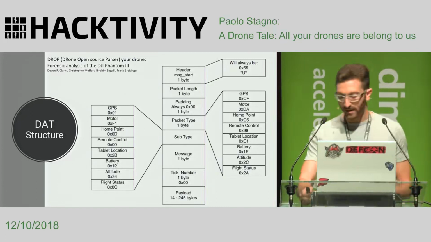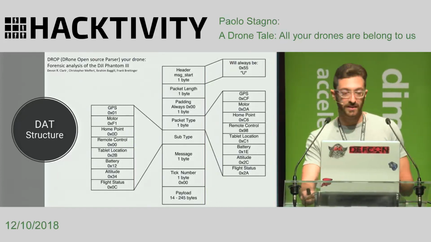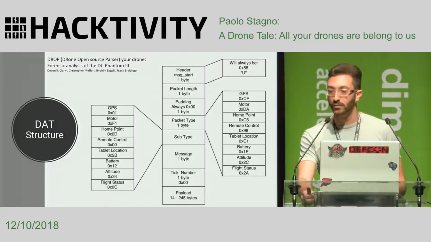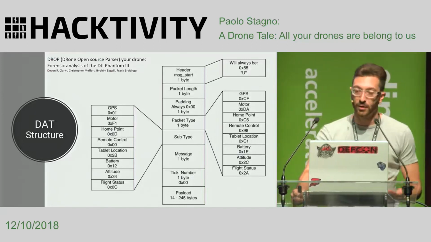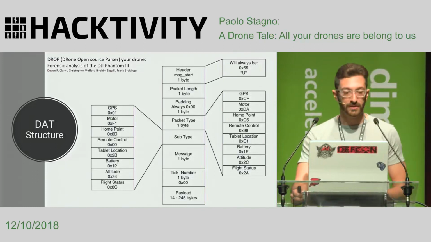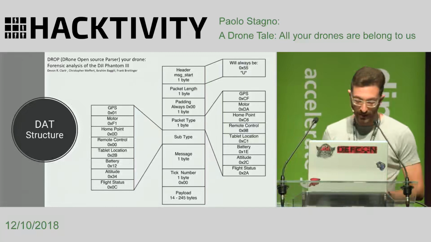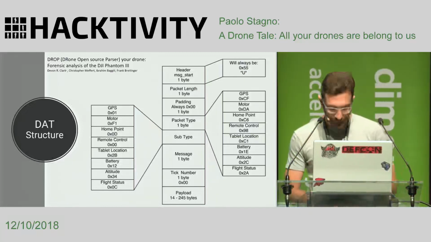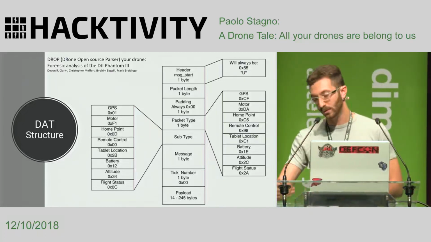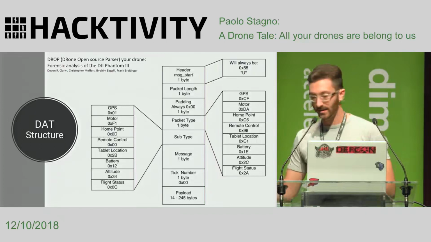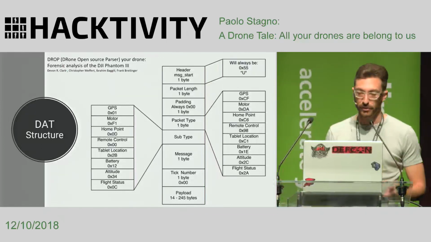Basically, I didn't spend a lot of time trying to understand this DAT file because there is an already available tool called DROP, Drone Open Source Parser, which you will be able to find the reference to in the slides. And it will be able to parse this DAT file and give you a more easily readable format.